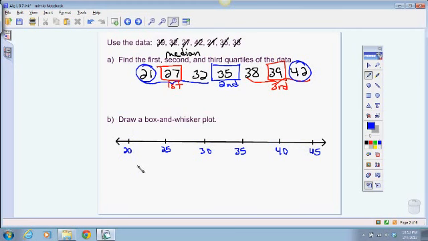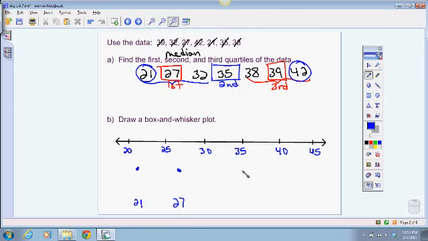21 would be about here. So I'm going to put a dot and write 21 underneath it, leaving myself some space. We're going to plot the 5 points here. 27 is going to fall about right here. So I'm going to make another dot to represent 27. 35 is a third point we're going to plot because that's our second quartile.